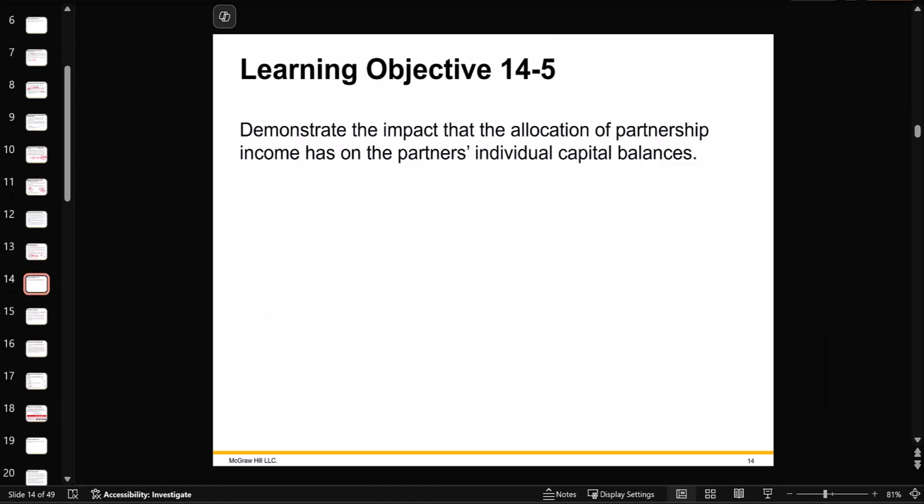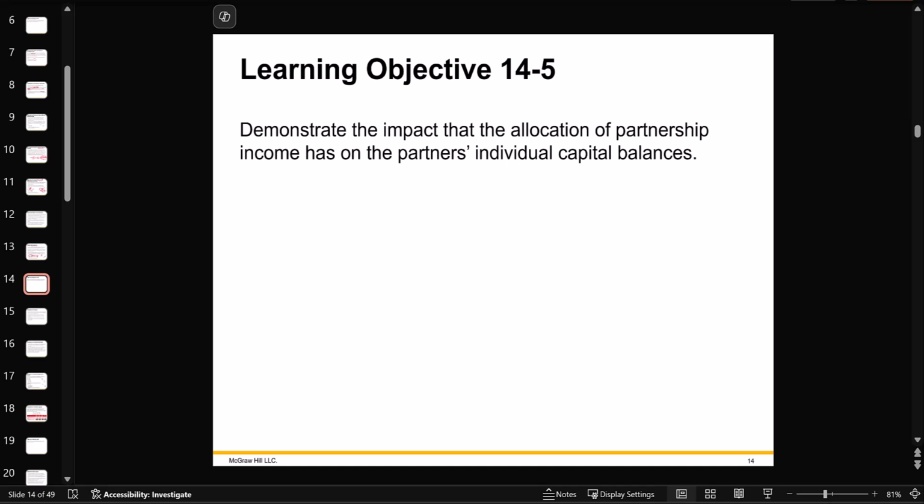So let's talk about the last topic for this video. Again, there's going to be a second video, but here our last topic is to allocate the partnership's income among the existing partners. Allocating income or loss. Partners can always decide among themselves how to allocate income and losses.